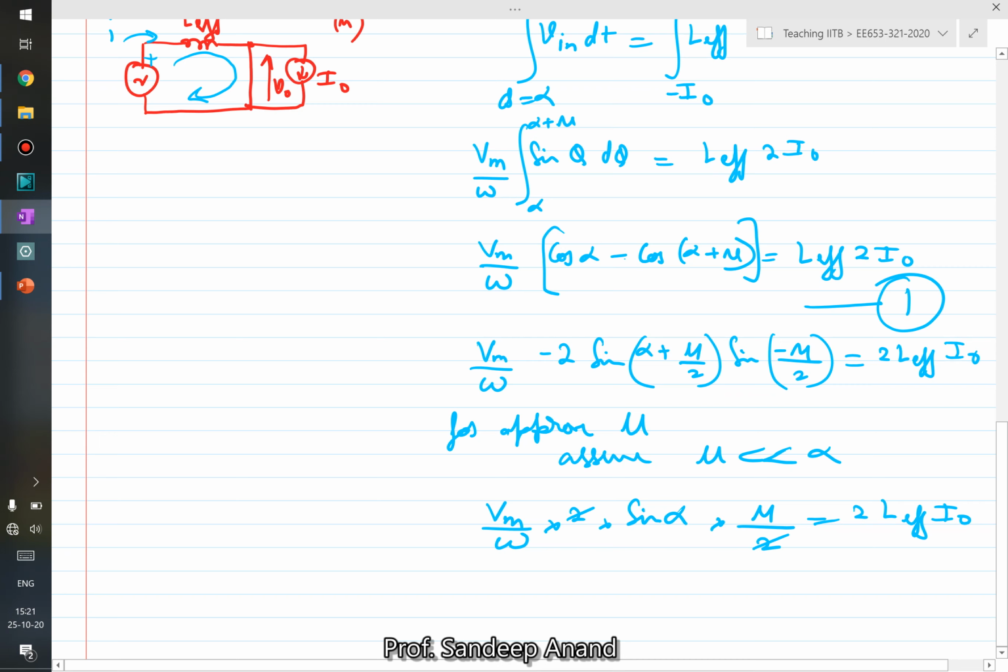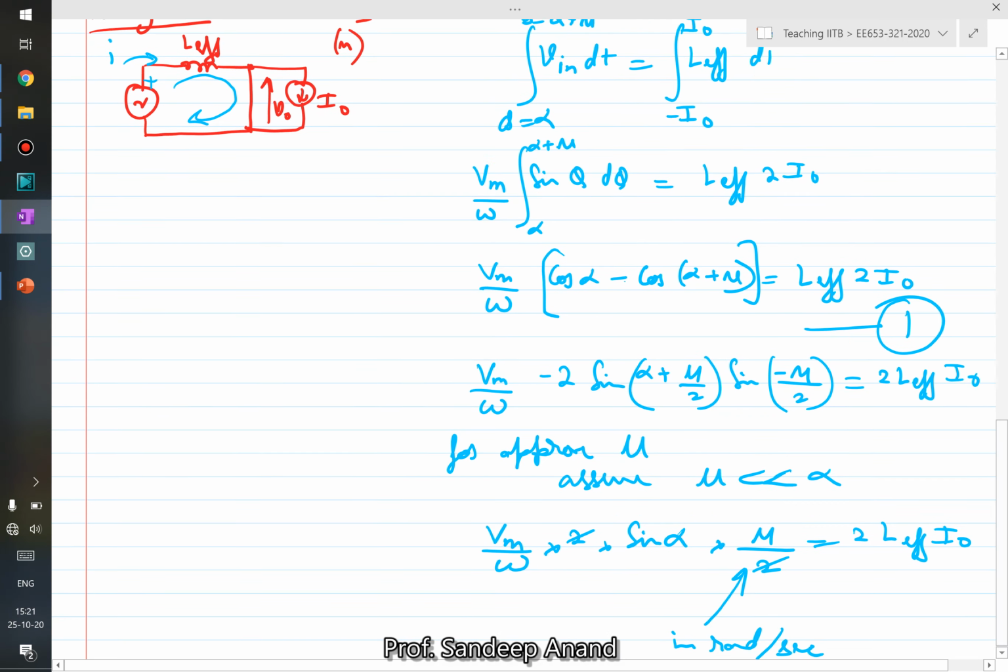So if you want to find the approximate value of mu, which would be in radians per second, it is obviously a function of L effective. It's also a function of output current, input voltage Vm, the frequency omega, and the angle at which you are firing, alpha. It's a function of all of these variables, but you can find the value of mu.